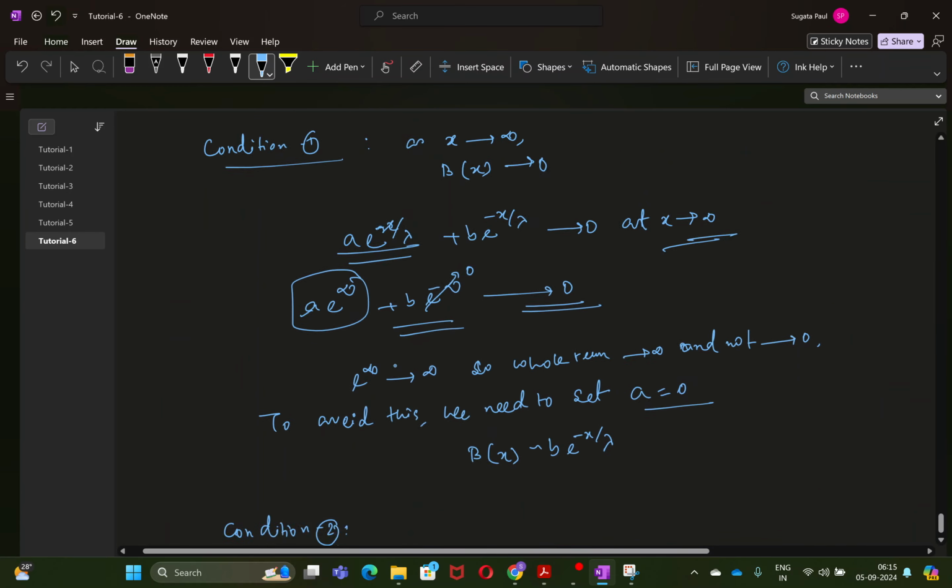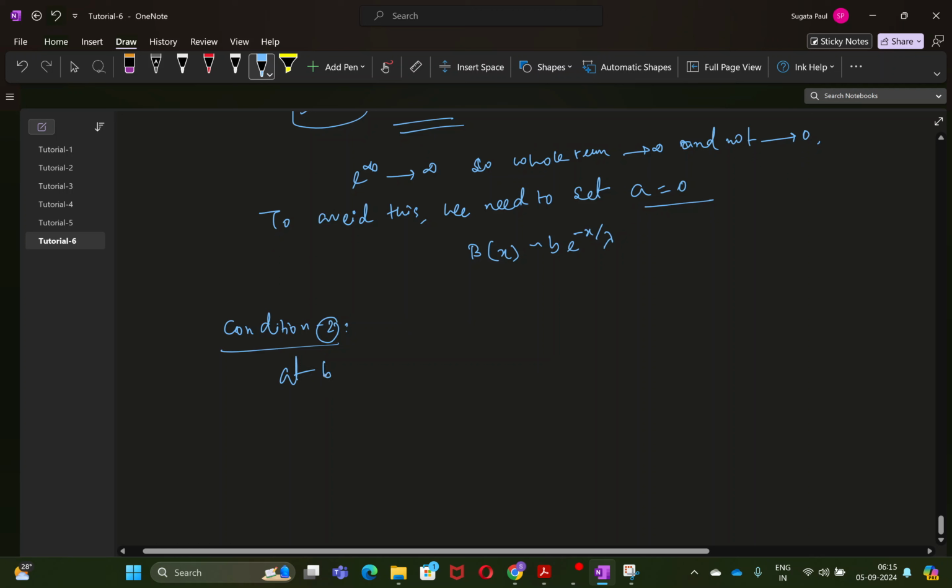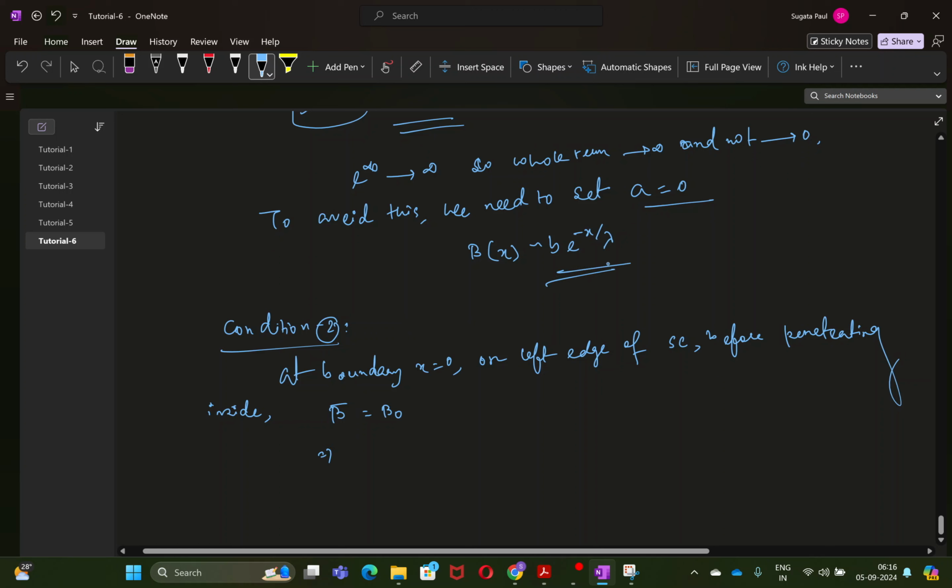Only at the boundary at x equal to 0, or the left edge of the superconductor, before penetrating inside, the magnetic field has the maximum magnitude B naught. In this expression you put x to be 0. That means it is B e to the power of 0, which is 1, equal to B naught.